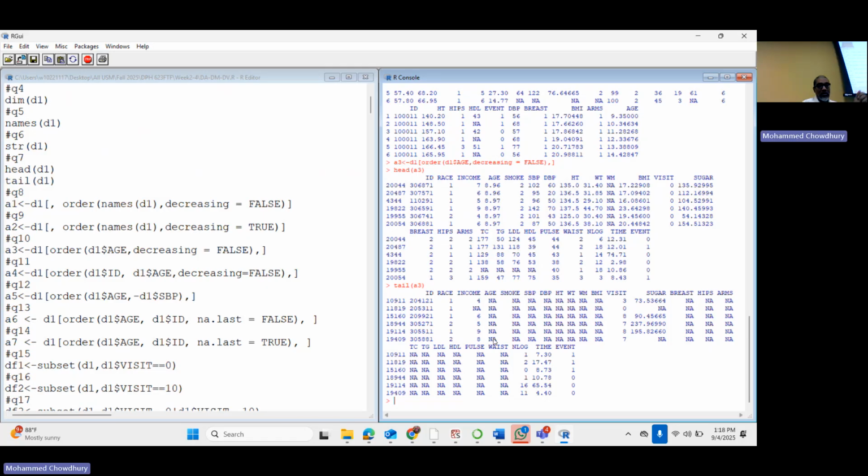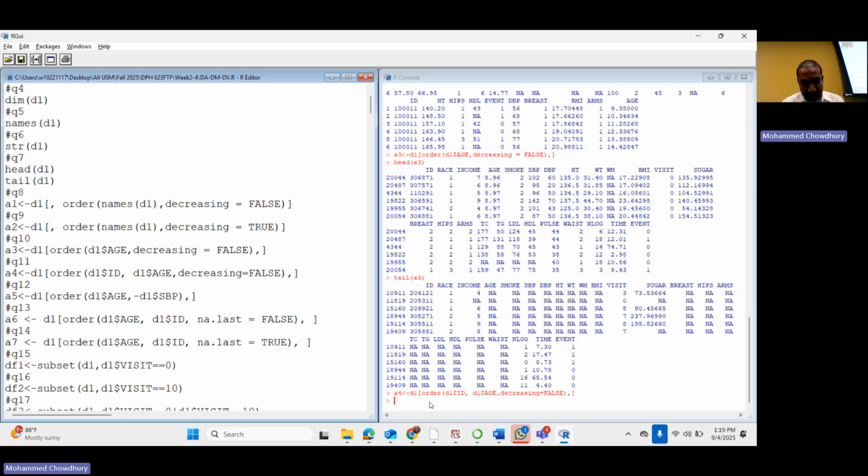The next one you are going to learn is how to sort the data by two variables. This is the age, and here I want to sort the data by two variables, first ID and then age. Okay, so take a look at that. If I run this, it is sorted first by ID number and then by age.